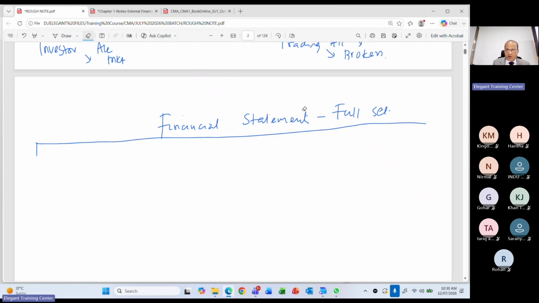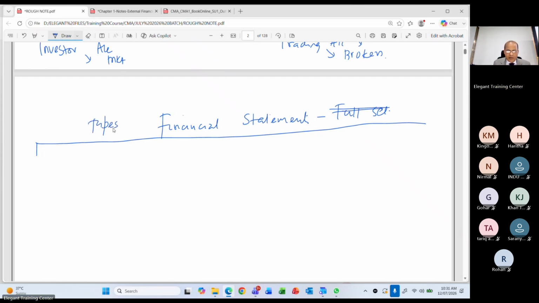Let me also explain what a financial statement is. Let's say types of financial statements. One is internal and the second is external. Internal financial statements and external financial statements.